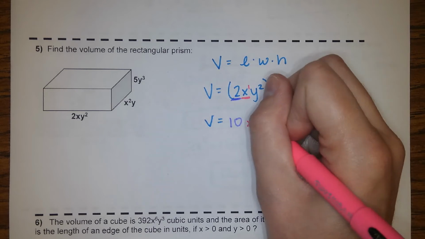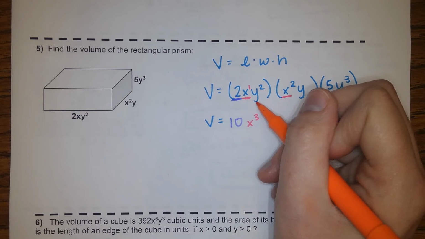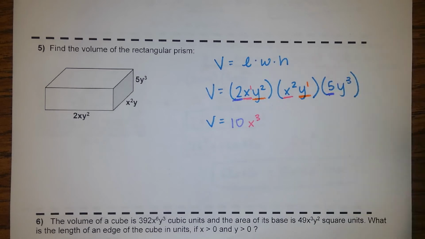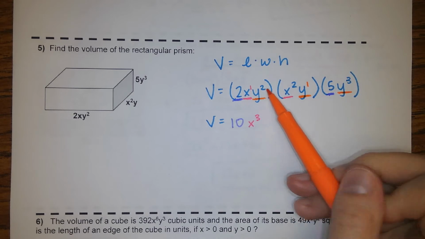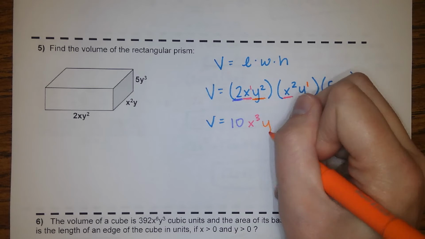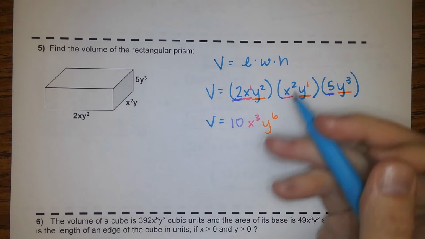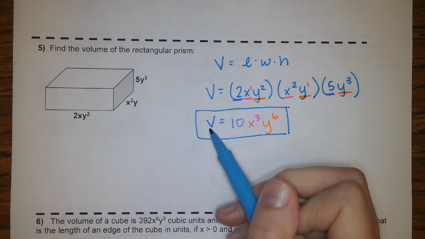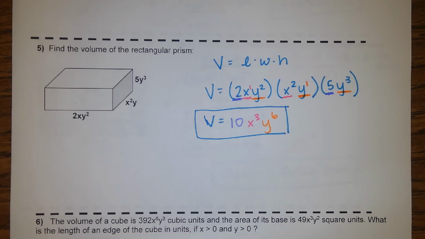So that would be x cubed. And then we'll look at our y's, and we have y squared, y to the 1, and y cubed, so we do 2 plus 1 plus 3. So that would be y to the 6th. So our final answer for our volume would be V equals 10x cubed, y to the 6th.